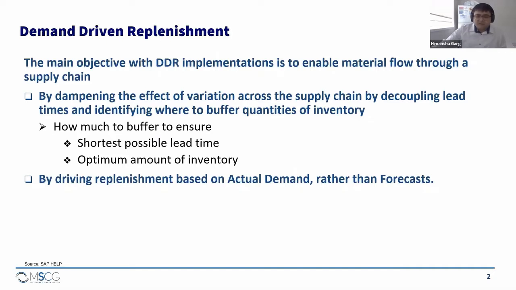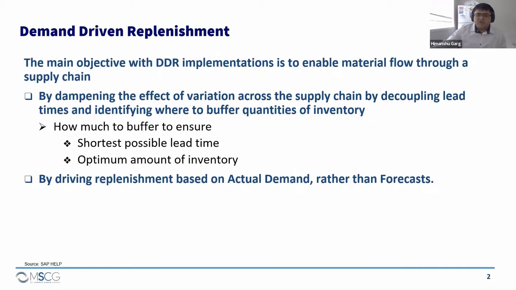It uses the inventory buffers at strategic nodes in the supply chain. DDR decouples the overall replenishment lead time using buffers and thereby improves service levels. The main objective with DDR is to enable material flow through a supply chain. DDR achieves this by dampening the effect of variation across the supply chain, by decoupling lead times and identifying where to buffer quantities of inventory, as well as the amount of inventory required at those points.